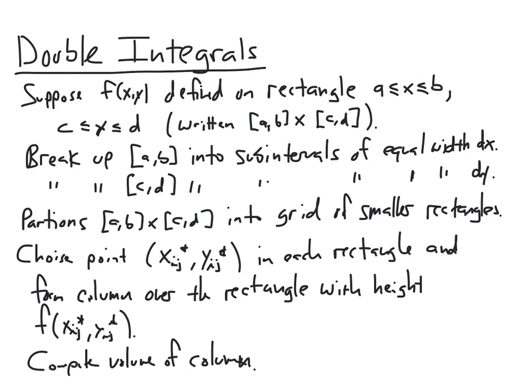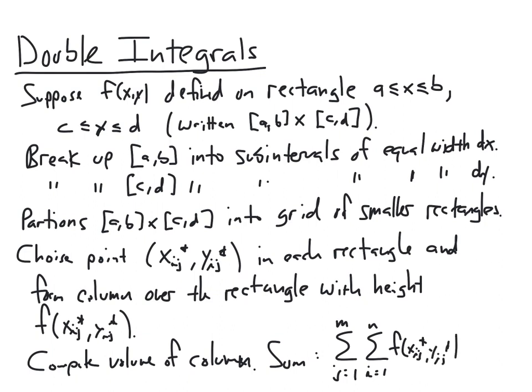Then to get the approximate volume of the entire region, we're going to add up the volume of all of the columns in each of the rectangles in the grid. We sum up j equals 1 to m, let's say there were m rectangles in the y direction, and also the sum i equals 1 to n, where n is the number of rectangles in the x direction, of f of x i j star, y i j star.